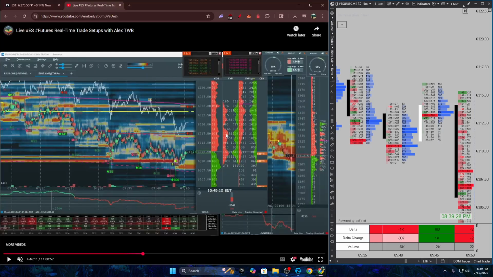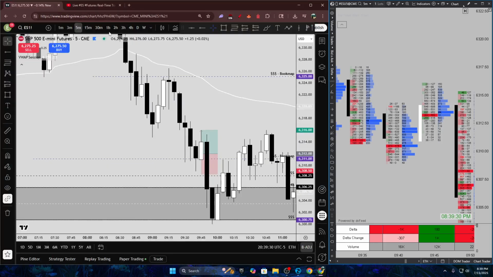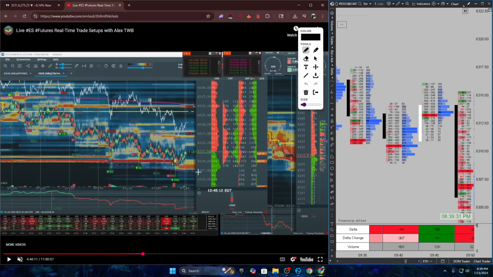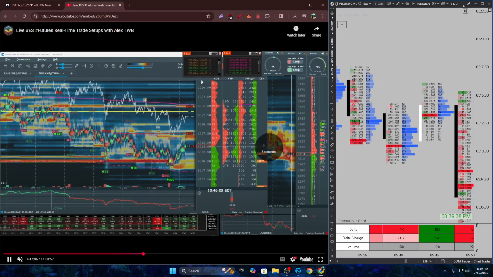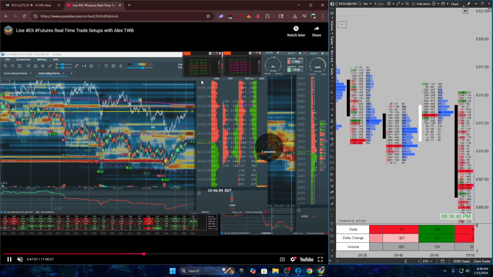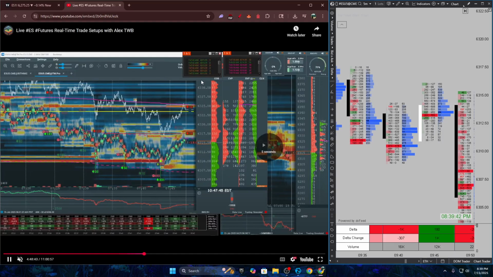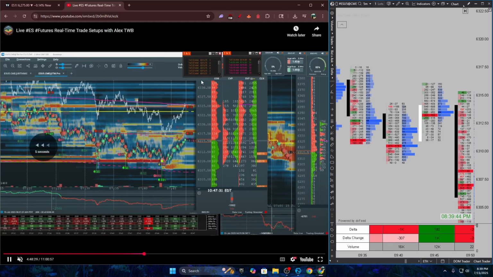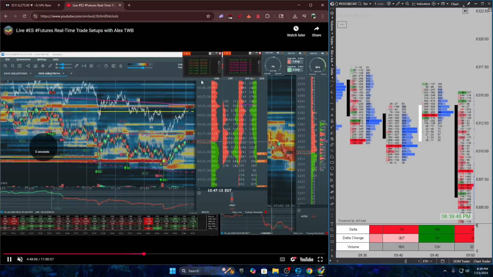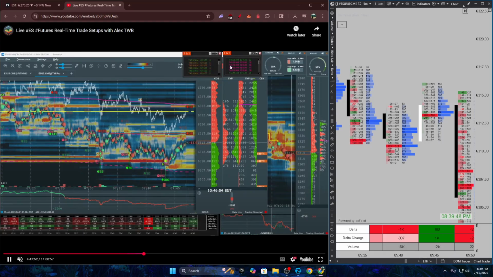Then you set yourself up for a 1 to 1.2 risk to reward trade with that absorption. And if we take a look, we do see that buying pressure occur up until 6316 exactly. There's two levels, and 6316 was that second level. So yeah, this would be a 1 to 1.2 risk to reward.